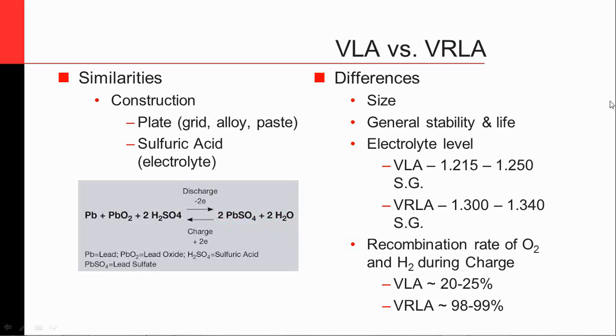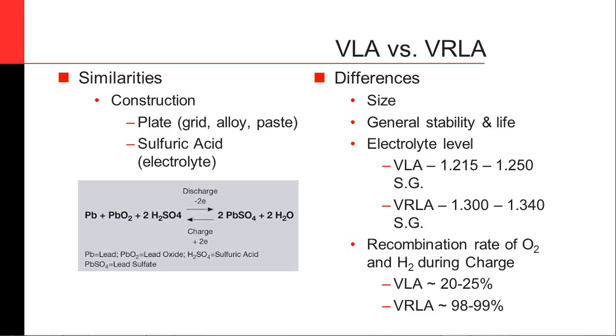Now, the differences is going to be size. The vented lead acid is always going to be proportionally bigger than a valve-regulated lead acid battery. In general stability and life, vented lead acid batteries generally are more stable, and generally you get a longer lifespan out of them, given approximately the same conditions.